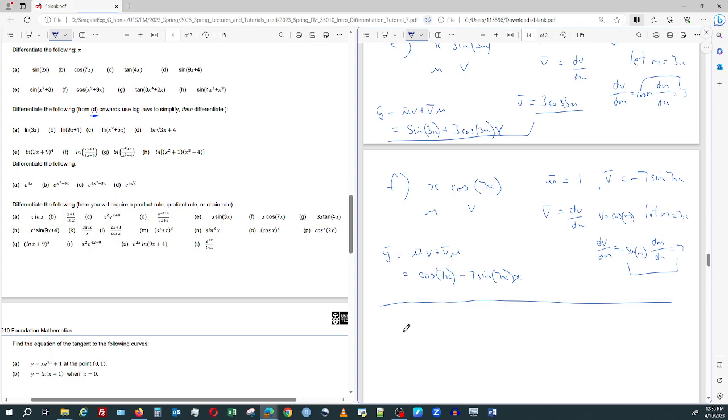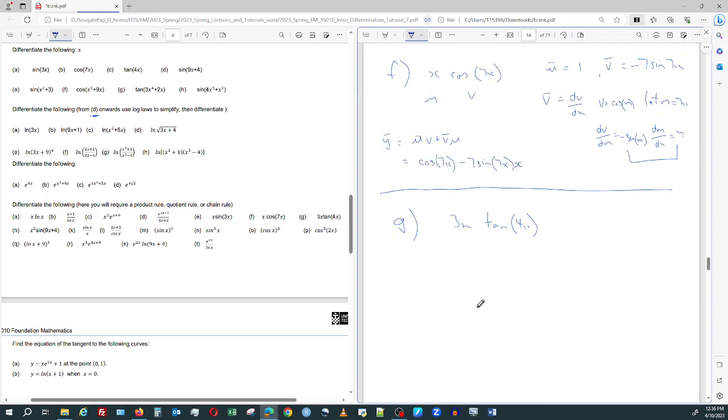Alright, for G, how are we going for time? I think we're okay for another one. Let's do G, 3x tan 4x. So we'll get u and v. u dash will be equal to 3. v dash will be equal to dv dx. Let m equal 4x.